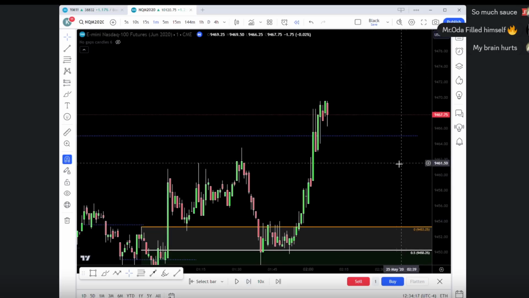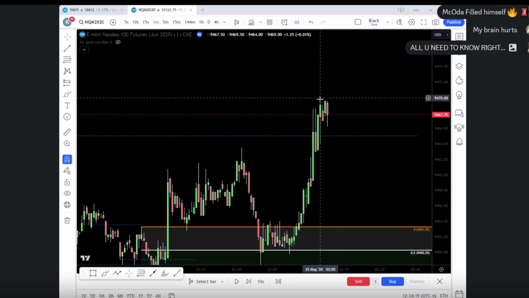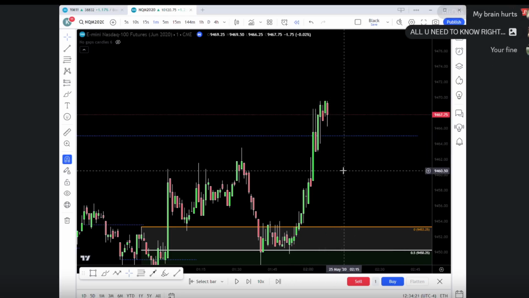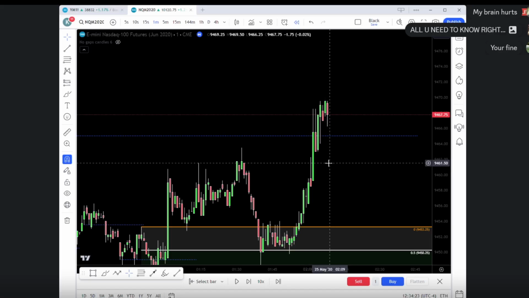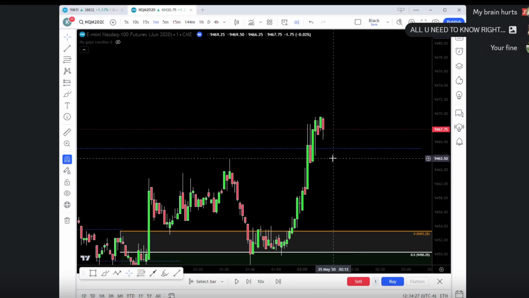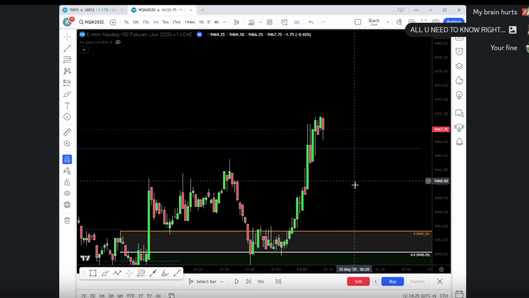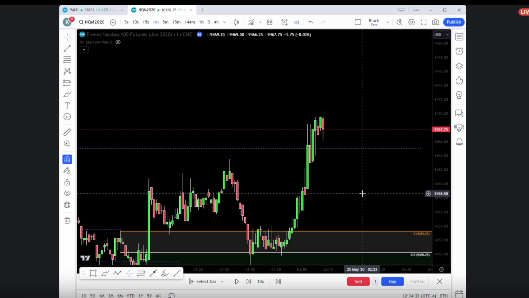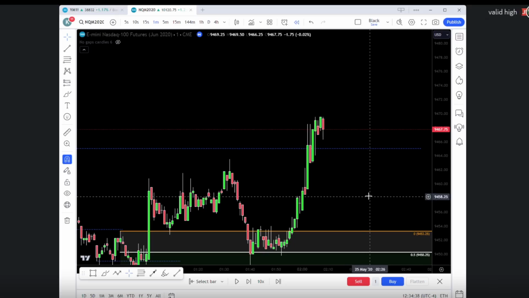PPP, right? Ran up. We're expecting probably a run back down, probably take these guys out, determine if we're going higher or not. What do we want to see if we're going to trade back down into this range? Right?